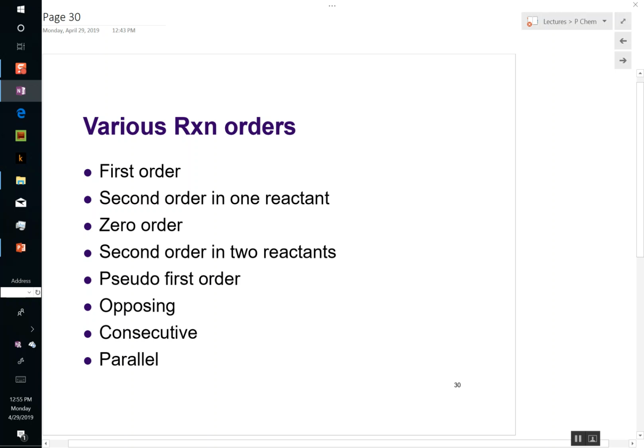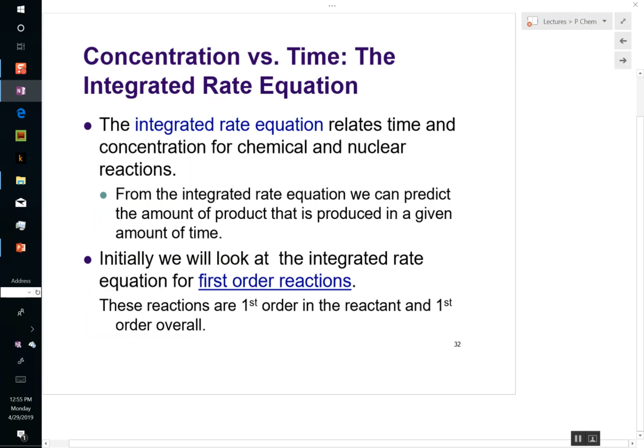I want to begin with the first order reaction, deriving the integrated rate equation for a first order reaction. And I would put this under the heading for you guys, like what if on the exam there was a question, derive the integrated rate equation for first order reaction or second order.